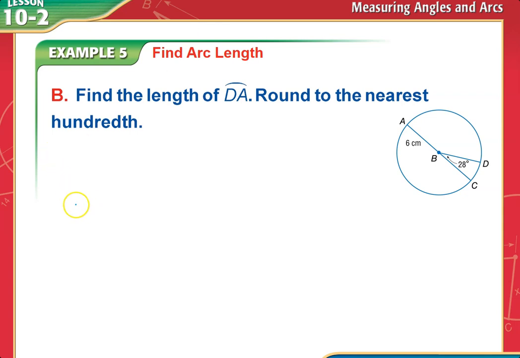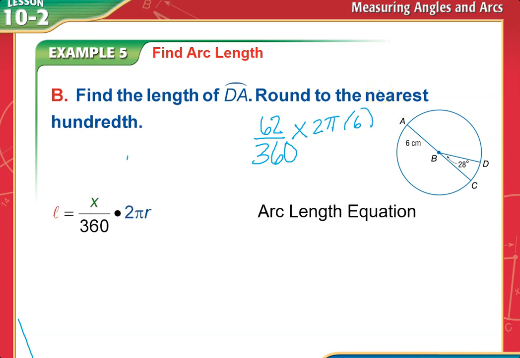So we're going to use 62 out of my 360 as my proportion of the entire circle. And then that's going to be multiplied by our 2 pi r. And it looks like my r is 6 centimeters. So there's my setup. So we have x over 360 times 2 pi r.